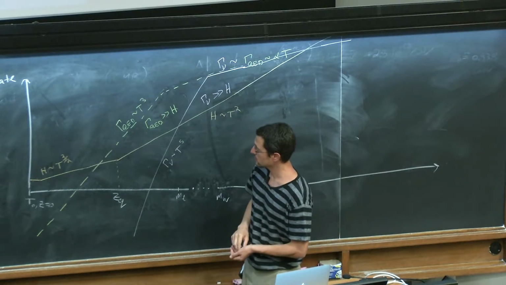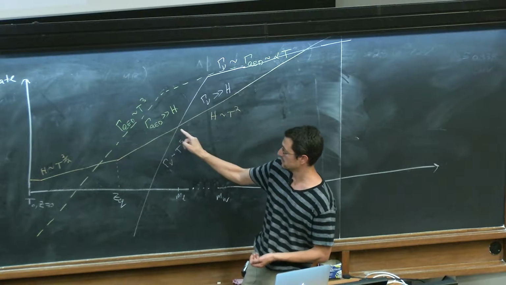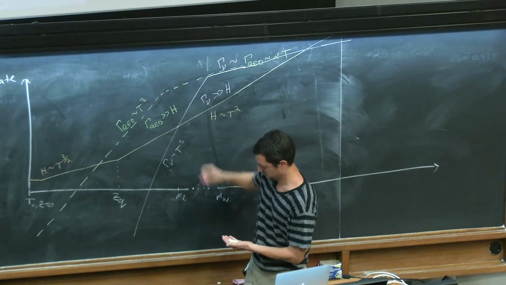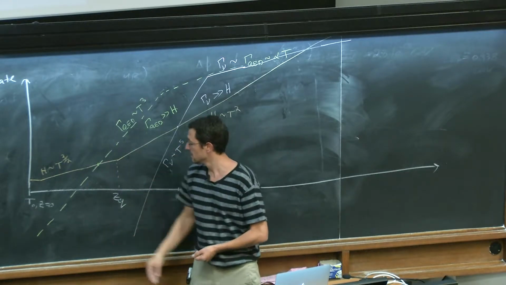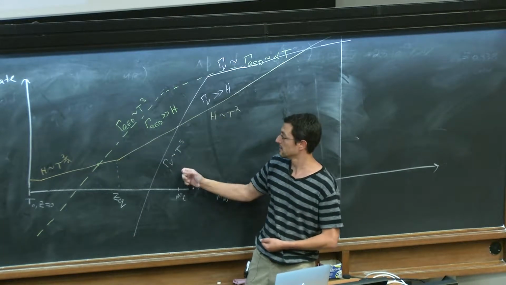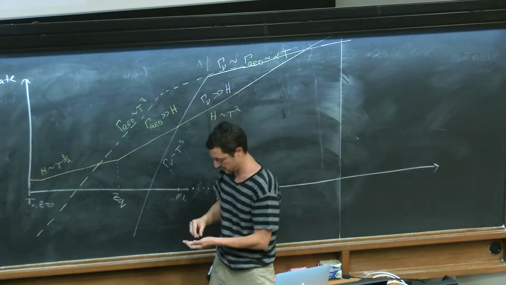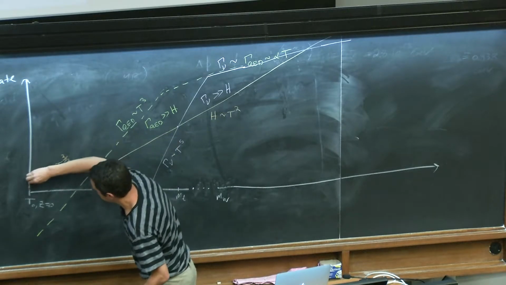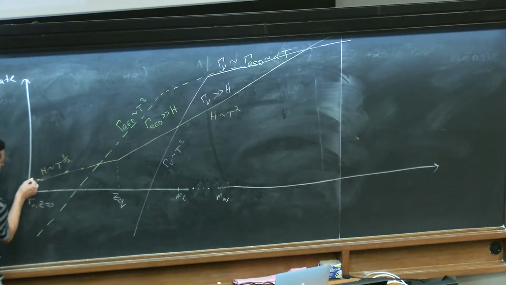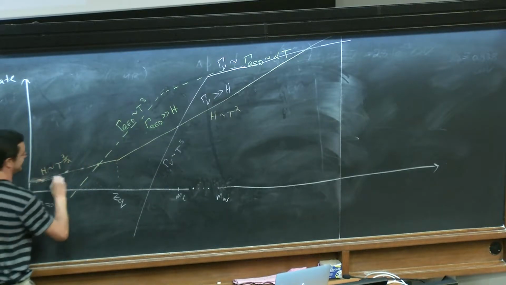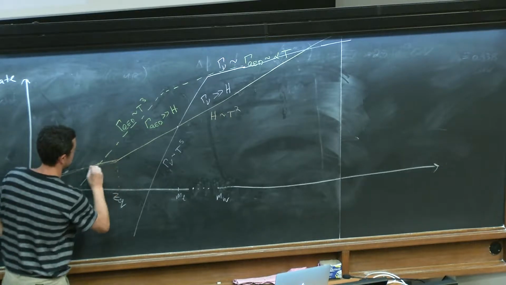And it's also true that at lower redshift from these special points, the QED scattering rate and the weak interaction scattering rate will drop below the Hubble rate. Let's make this Hubble rate really thick. Oh, I have a new eraser. Okay, so this is an important curve.